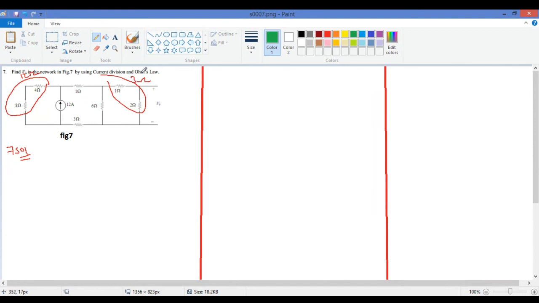This 3 will become again parallel with 6. This is parallel. Red one is series. I'm just solving directly because we have already solved it. You might have seen it. So I just write here 12 ampere. This is 12 ohms.